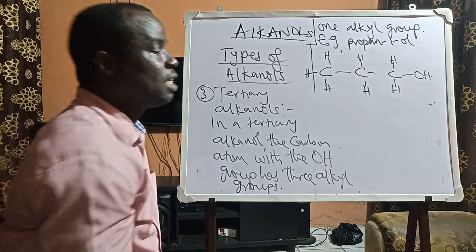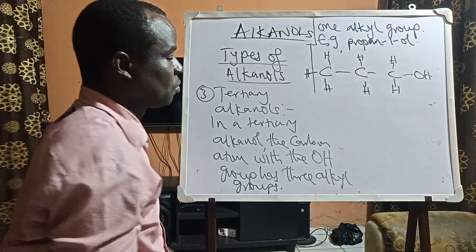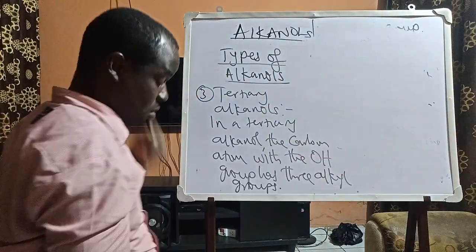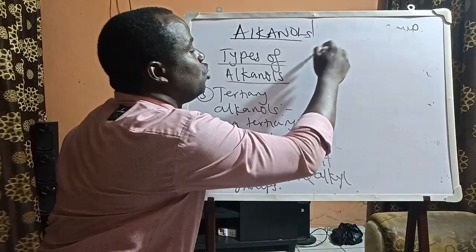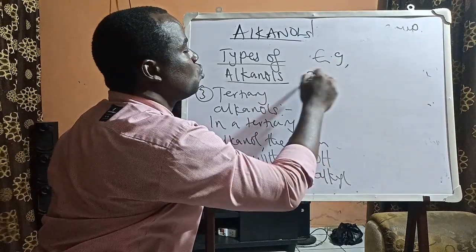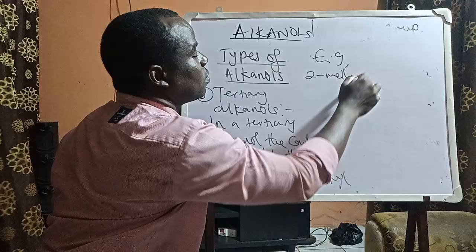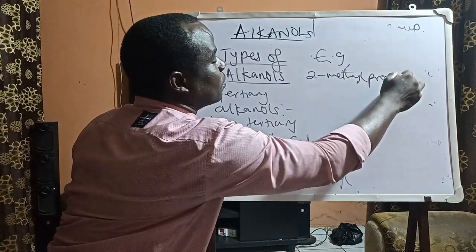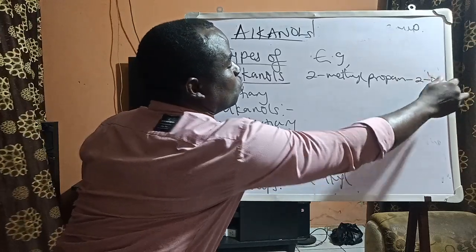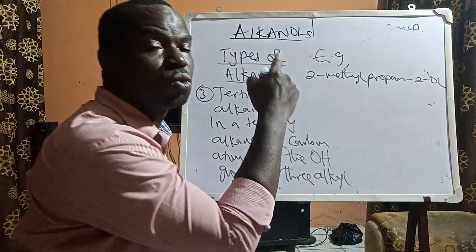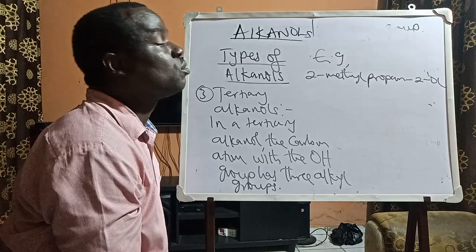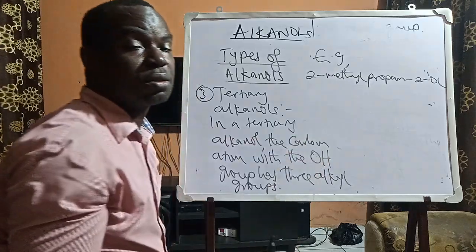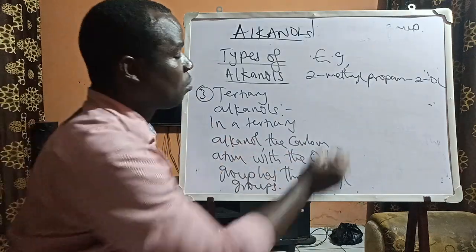So now let's see an example, e.g. 2-methyl propan 2 ol. Let's look at this. Let's try to draw it. Propan is what? 3, as I gave you.